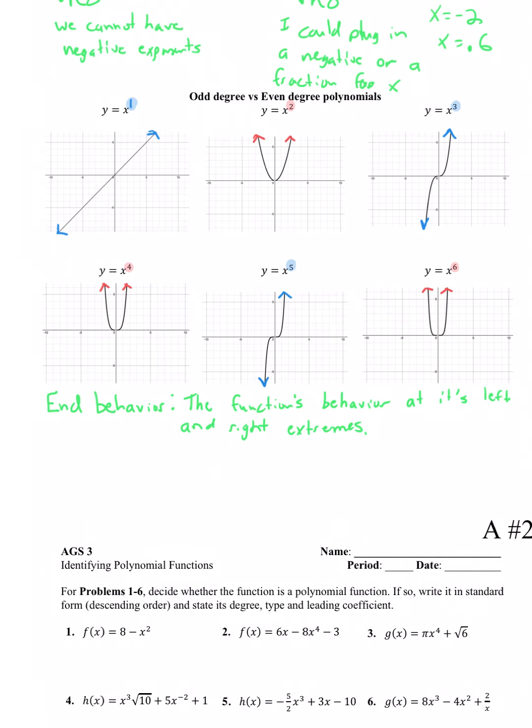So odd degree polynomials have end behaviors that go in opposite directions.